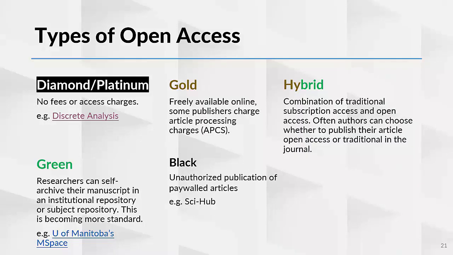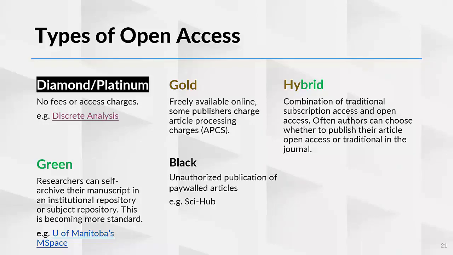One other thing I'll mention about open access becoming more common: if you receive tri-agency funding, NSERC or SSHRC or CIHR funding, they'll stipulate that you have to make your work available open access, usually after 12 months.